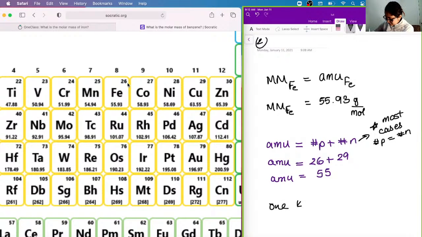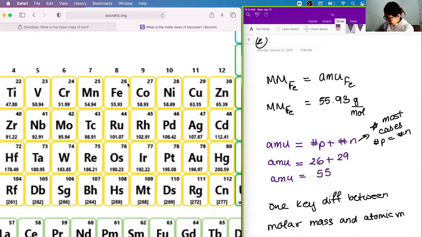But one key difference between molar mass and atomic mass is the unit.